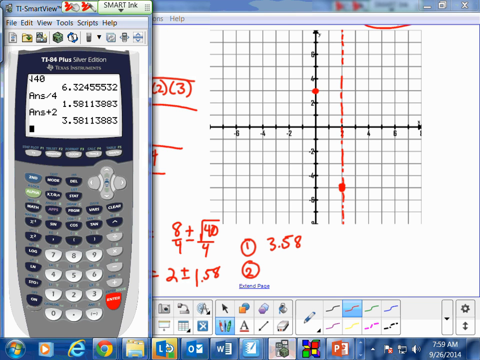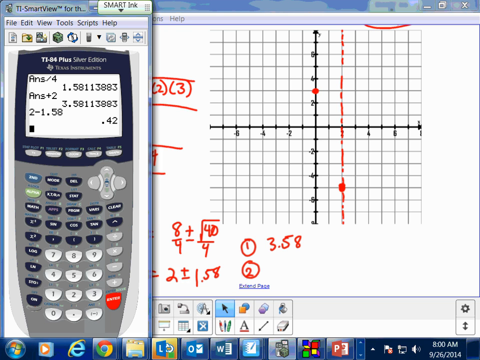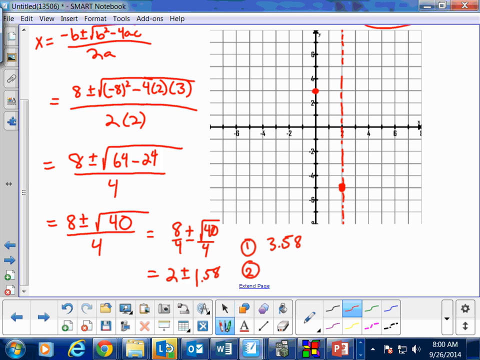So the verification means 2 minus 1.58, and oh no, it is 0.42. Okay, so that means in this case it's 0.42. No, that is it. It is 0.42.